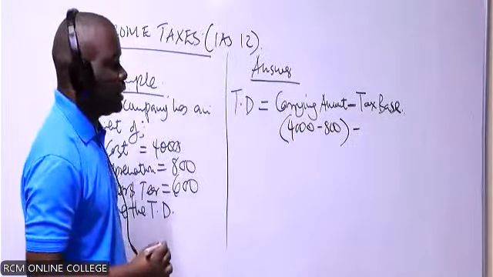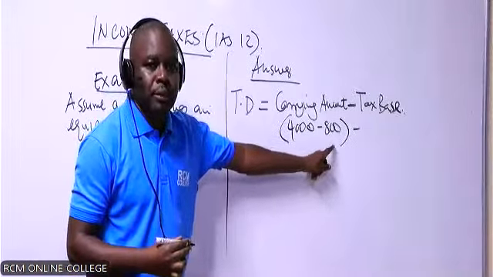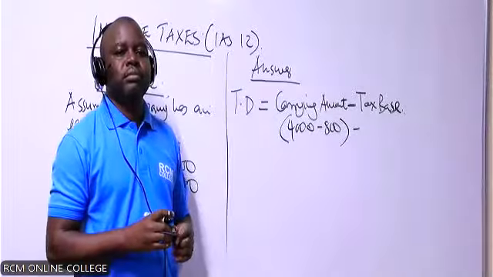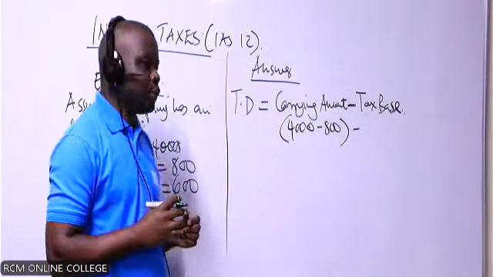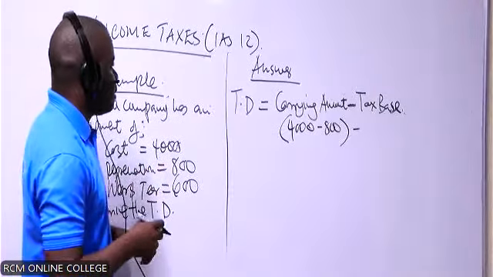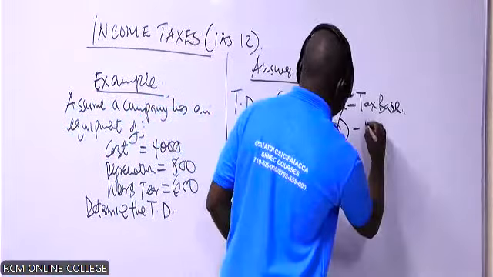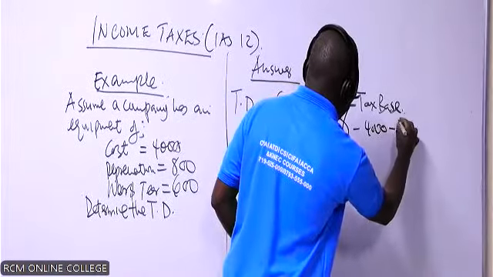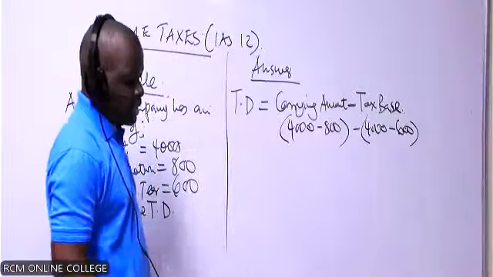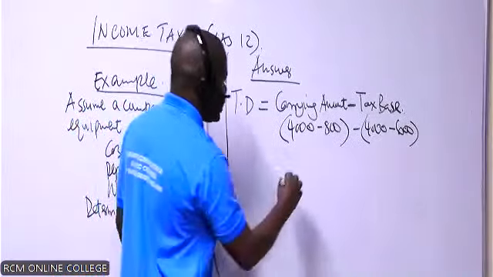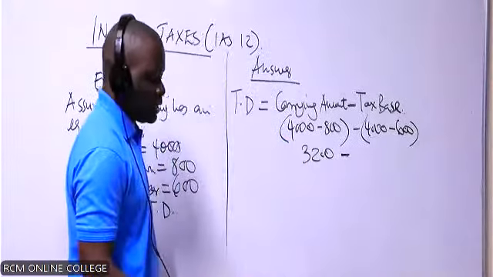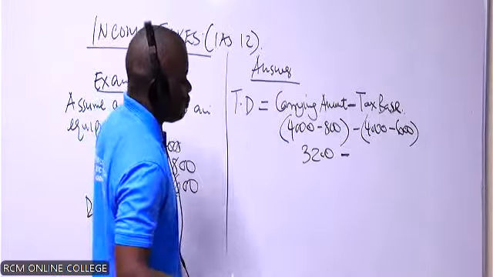The taxman doesn't understand depreciation; he understands wear and tear, so he places the loss of value on this asset as wear and tear. It will be 4,000 minus 600. Therefore, we have 3,200 minus 3,400.